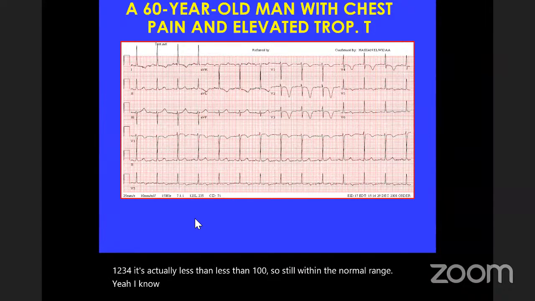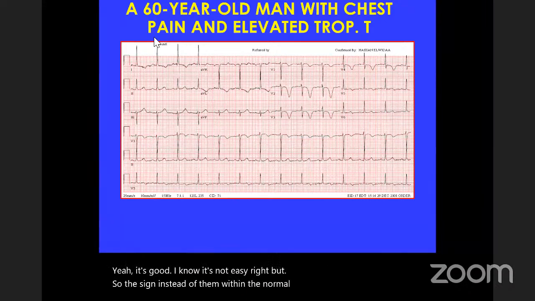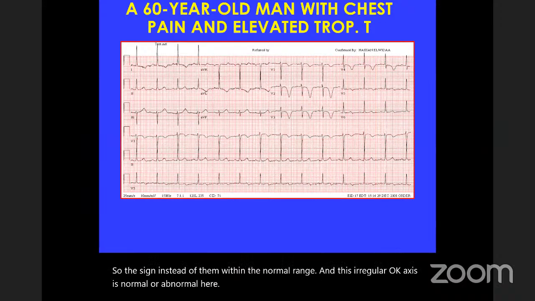So this is regarding the regularity and the heart rate: sinus rhythm within the normal range, and it's regular. Okay, is the axis normal or abnormal here? The axis is positive in lead 1, lead AVF and 2, so it's a normal axis.